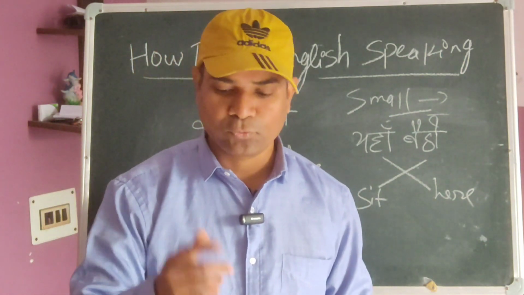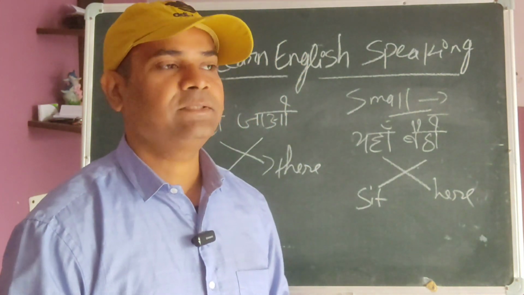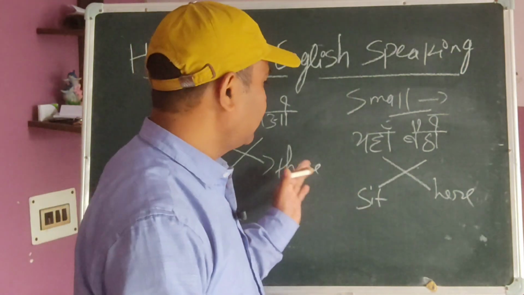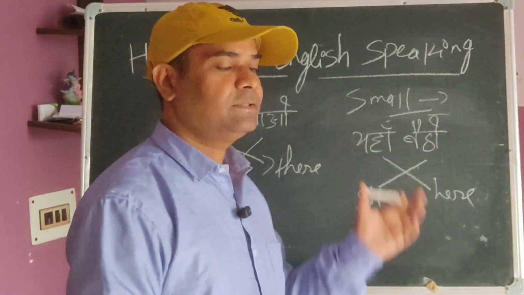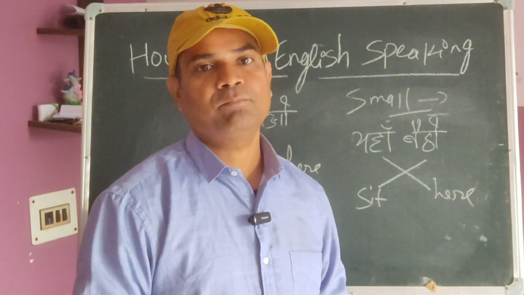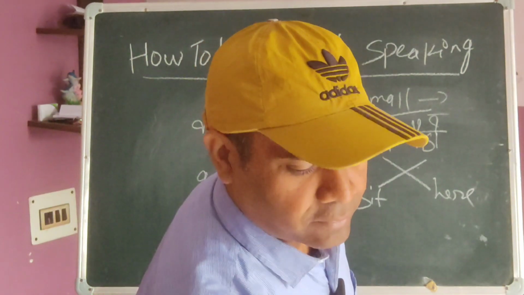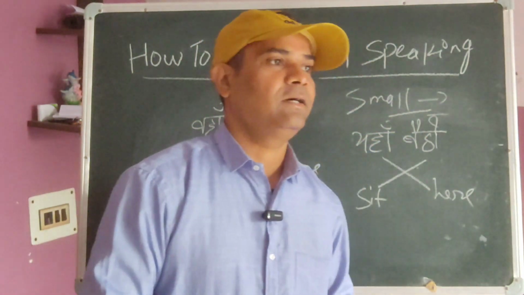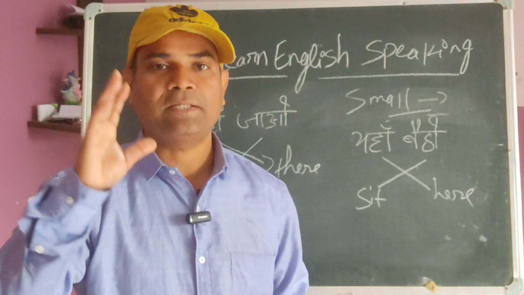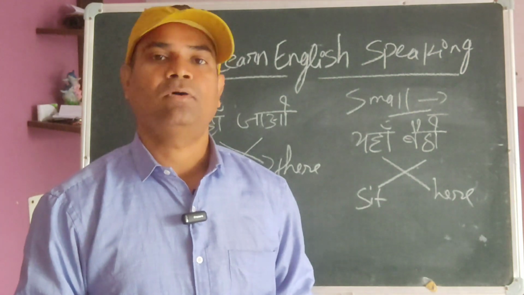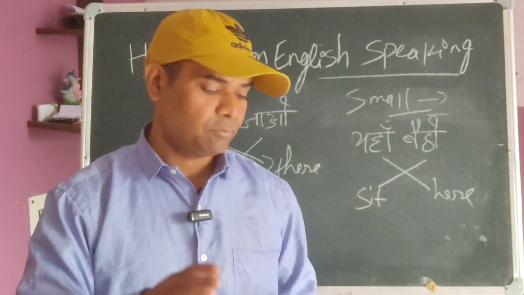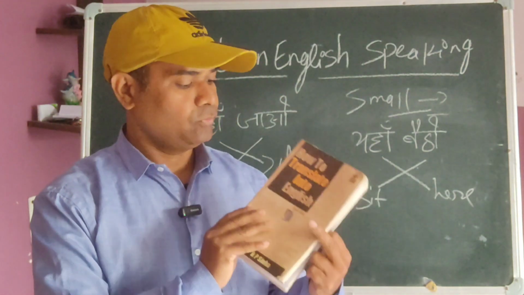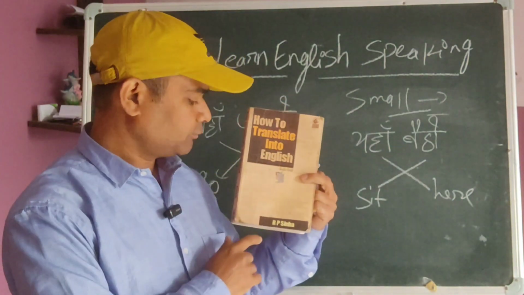The main thing is, where will you get these small sentences that I am explaining, and from where can you make them? I have explained in a previous video. If you have grammar books, you can see from there. Otherwise, How to Translate into English by R.P. Sinha.